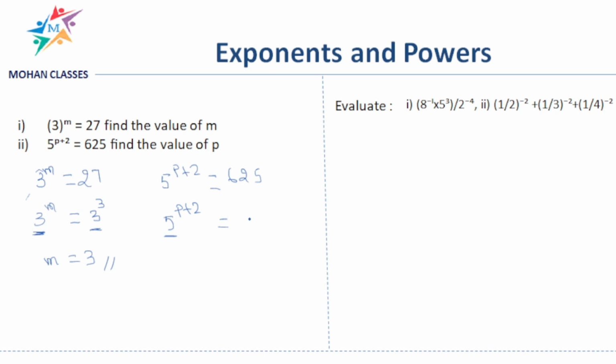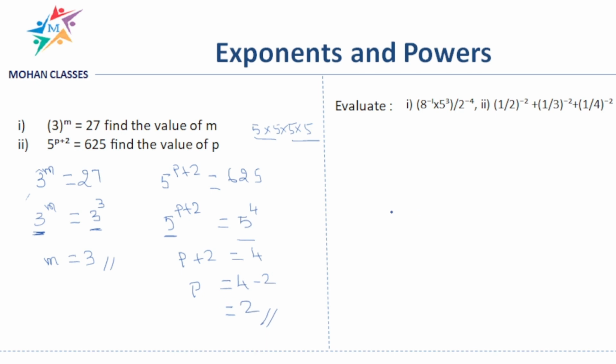So we can write 625 as 5 into 5 into 5 into 5. 5 5s are 25, 5 5s are 25, 25 into 25 is 625. Therefore, 5 to the power of 4. So here the base is the same. Therefore, p plus 2 is equal to 4. So p is equal to what? 4 minus 2, that is equal to 2. So p is equal to 2.